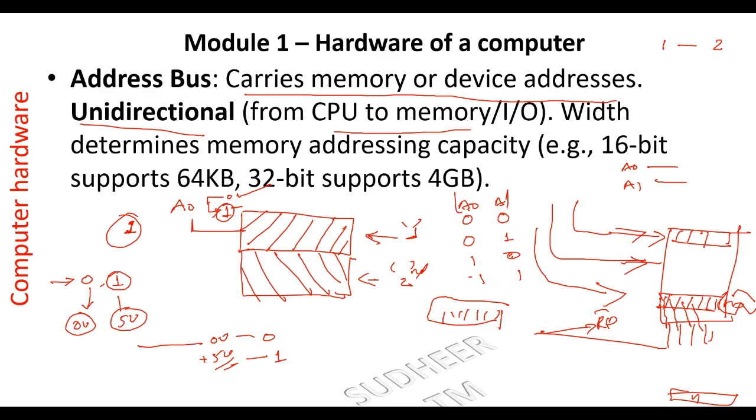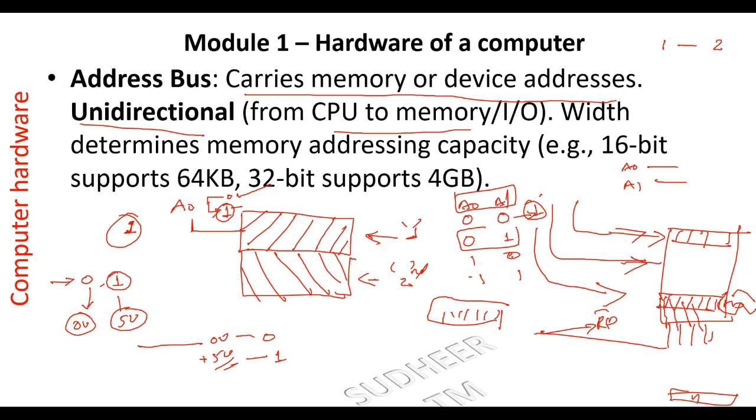So with two pins in the address bus, we can send out four combinations of different signals through them. If the signals are both 0, 0, we are able to map into the first unit in the memory IC.